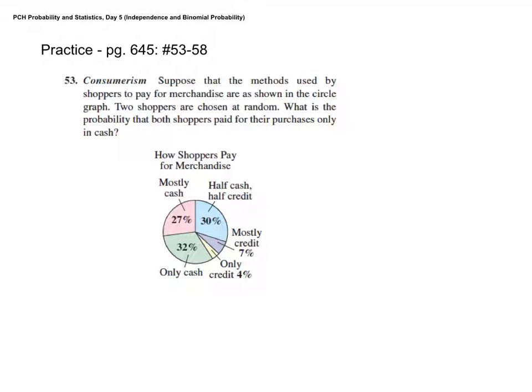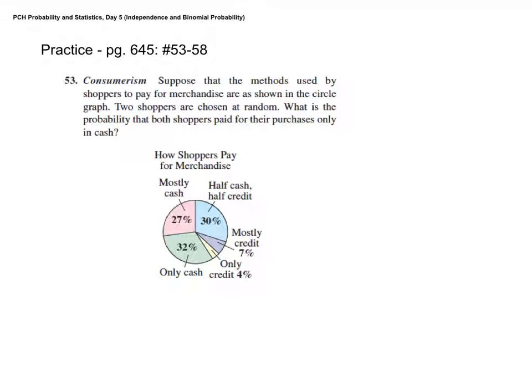Suppose that the methods used by shoppers to pay for merchandise are as shown in the circle graph. 2 shoppers are chosen at random. What is the probability that both shoppers paid for their purchases only in cash? Now, it's asking for both shoppers.